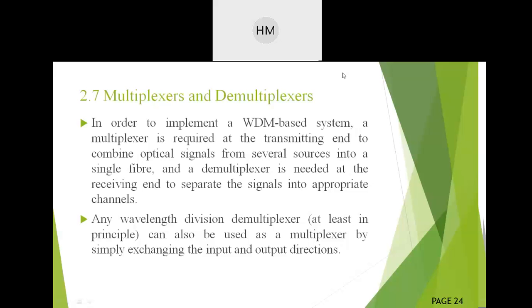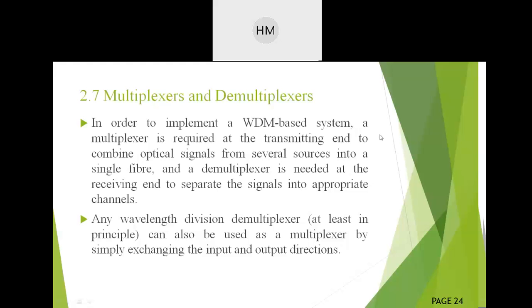And what about FDM, frequency division multiplexing? In radio, television broadcasting, cable television, when we want to transmit simultaneously all the signals at different frequencies, then I will use this FDM.